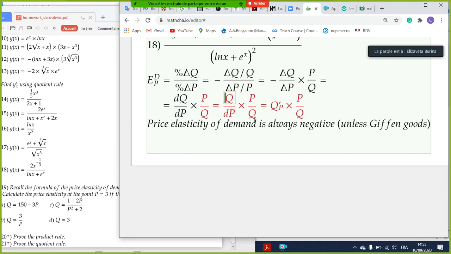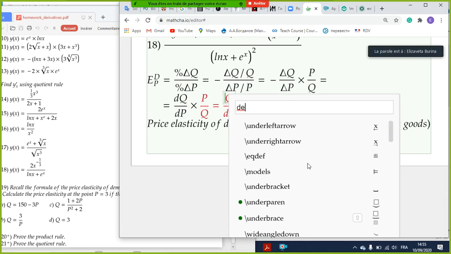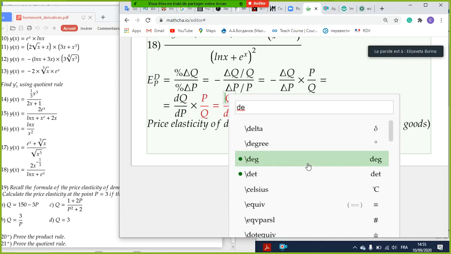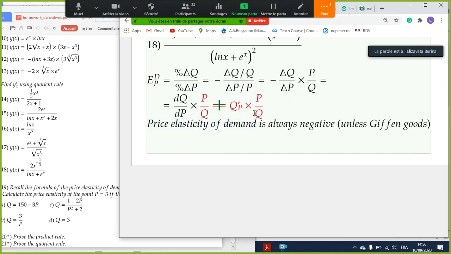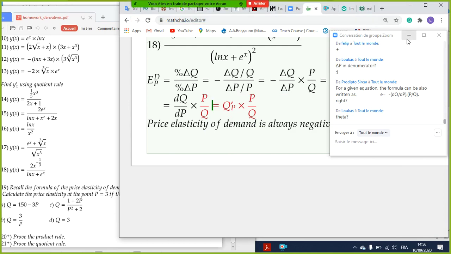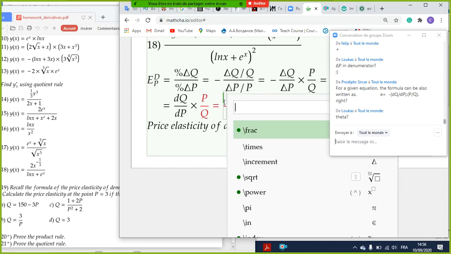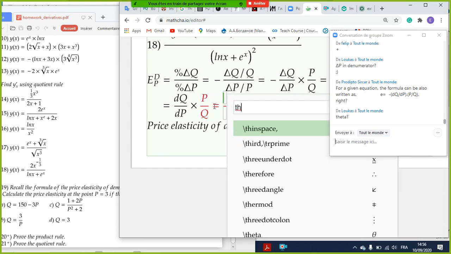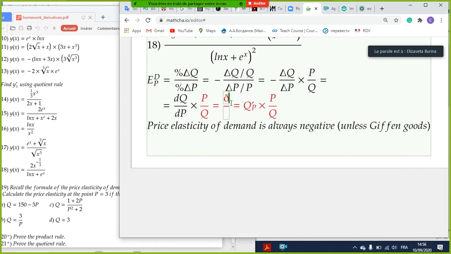So instead of d here, we actually put delta. No, not this delta. Okay, the other thing. Then I'm not gonna do it. I don't know how to get it fast. It's like this, but without the thingy.